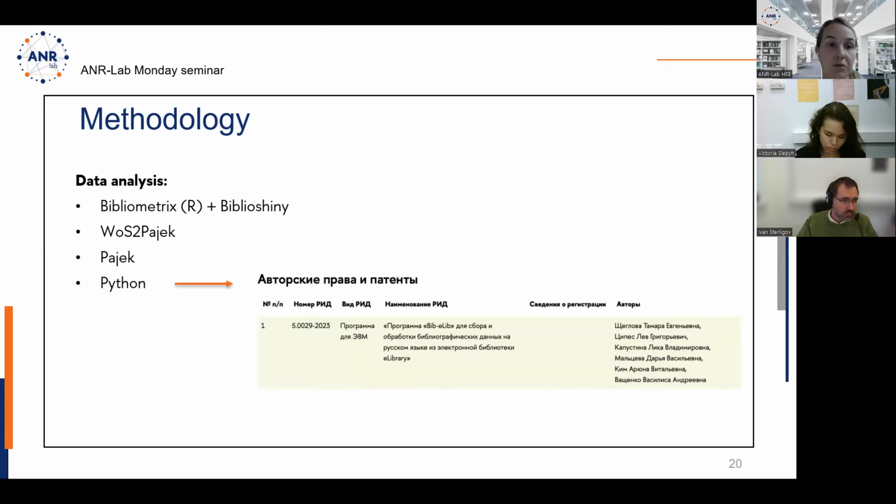So of course we needed to develop our own approach, and here you can see that we registered a patent, a result of scientific activity. We registered a program called bit-elib, which is a special program for collection and pre-processing of bibliographic data in Russian language from the e-library database.